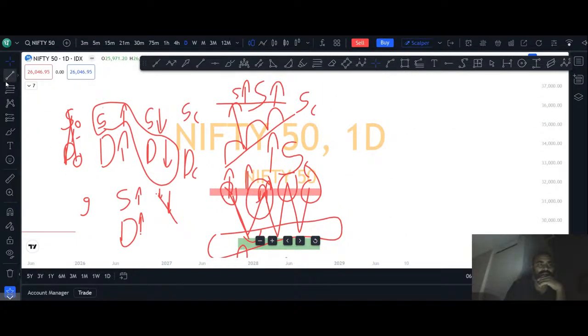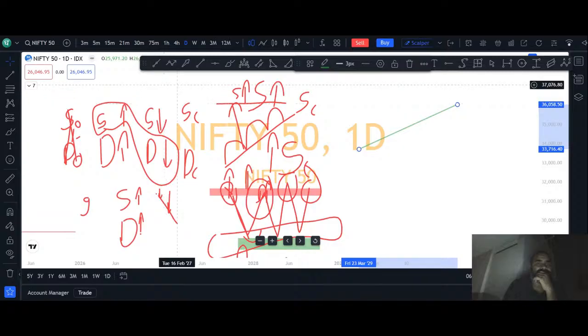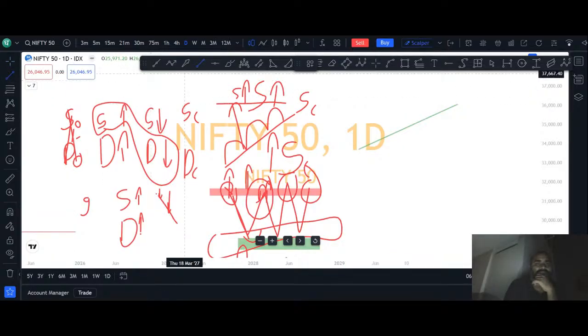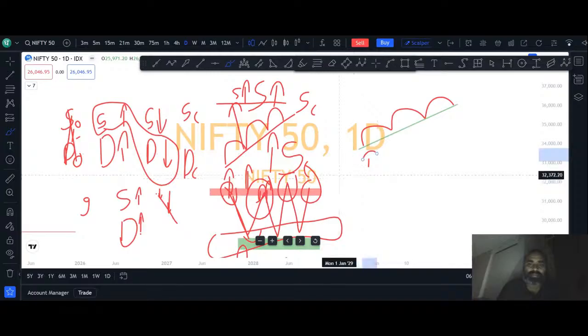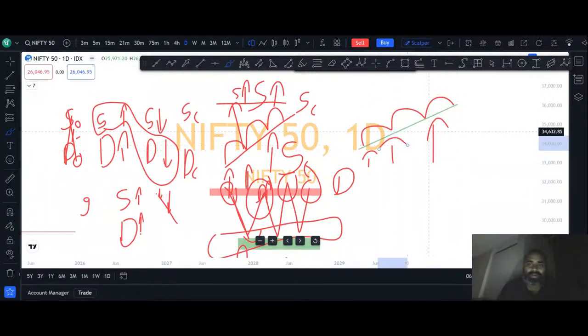I will show you here. Suppose in the market there is a demand, right? See here, what is this? This is called demand increase, because whenever price comes to this level, every time buyers will activate and keep price upside.